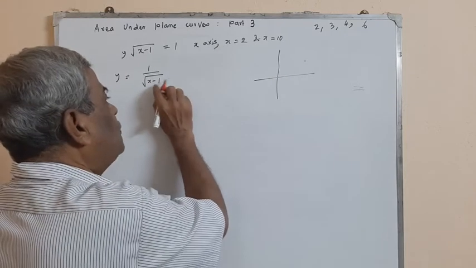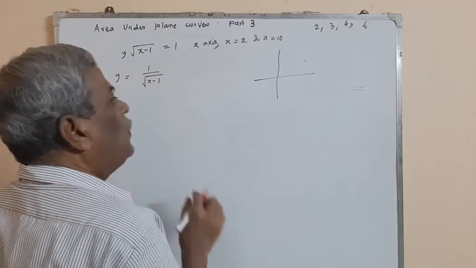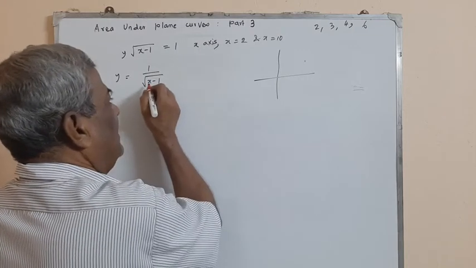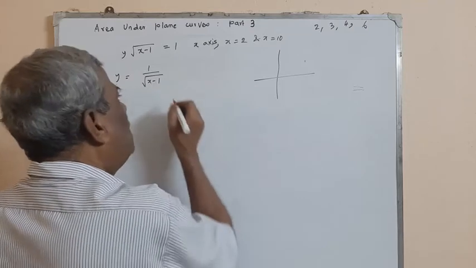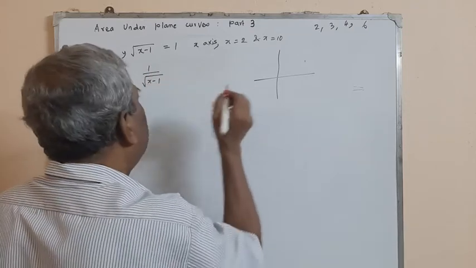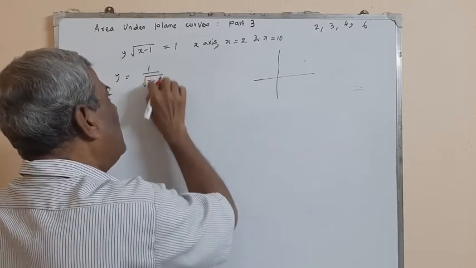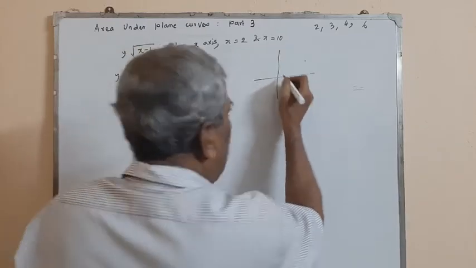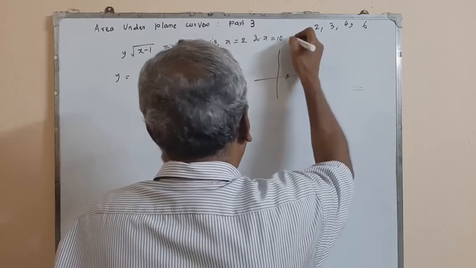At x is equal to 1, this becomes 1 by 0, that is infinity. After that, gradually, x is equal to say 2, 1 by 1, that is 1. So at x is equal to 1, it starts from infinity.